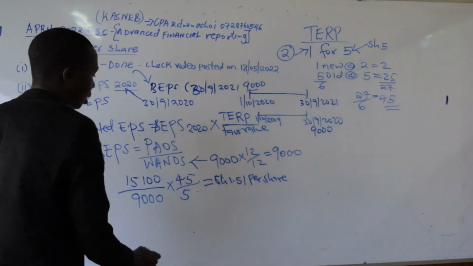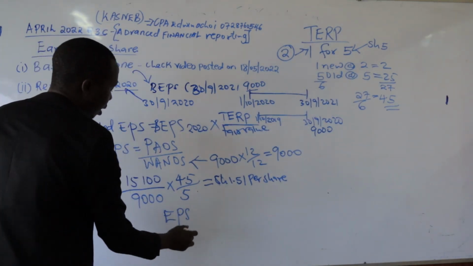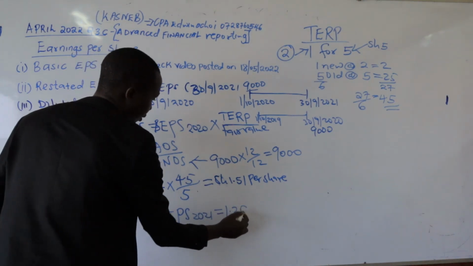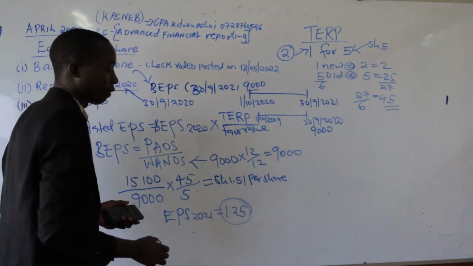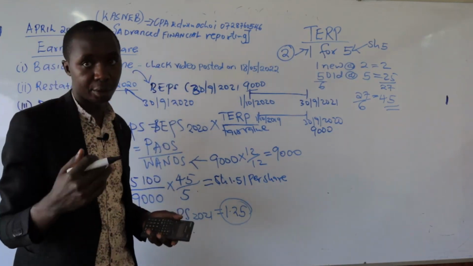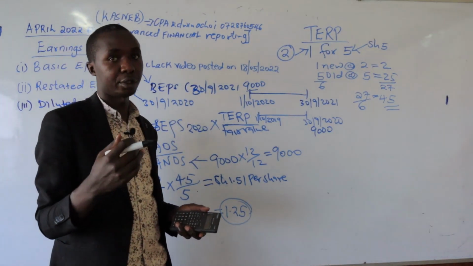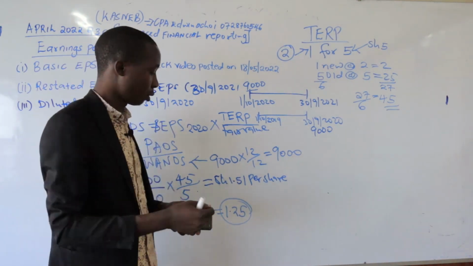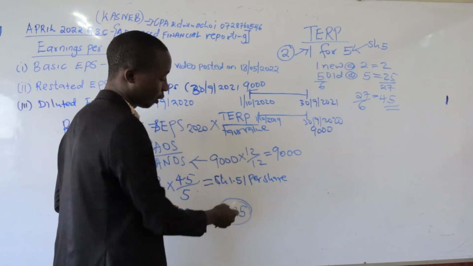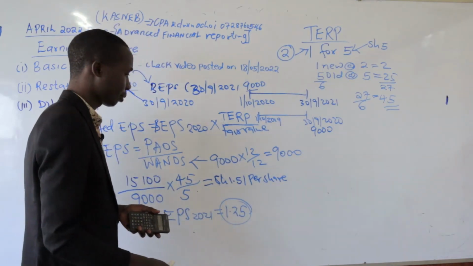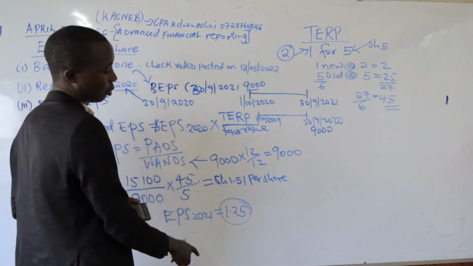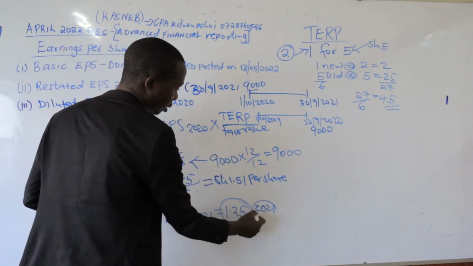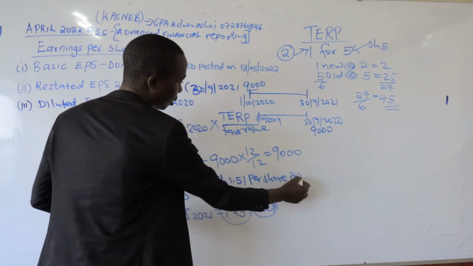Remember that the earnings per share for the year 2021 was 1.25. This one we did in the first requirement, in our previous video, where I did the basic EPS. So go and watch it so that you know how we arrived at 1.25. Which means I can now comment on the performance. This is the EPS for the year 2021, and this is the one for 2020.